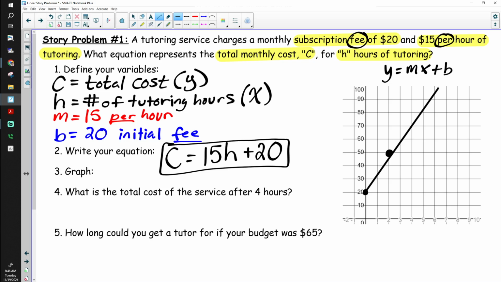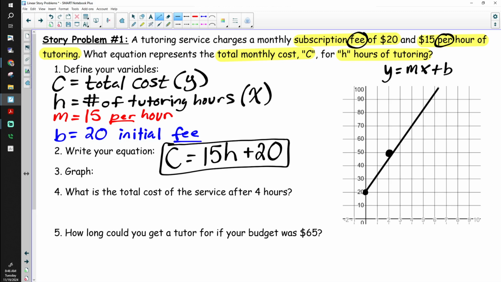Now we have 2 questions we need to answer. What is the total cost of the service after 4 hours? How long could you get a tutor if your budget was $65? So when I'm reading this question, what is the total cost of the service after 4 hours? What number information did they give us?